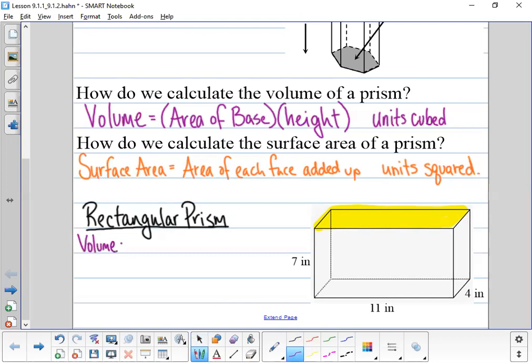Remember, the volume is going to be the area of the base. So my area of my base is going to be 11 times 4. This is the area of the base. And then I'm going to multiply that by the height. My height is 7.